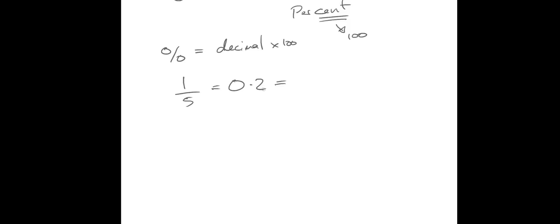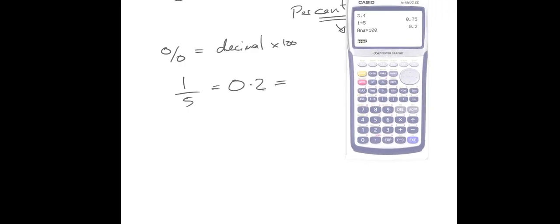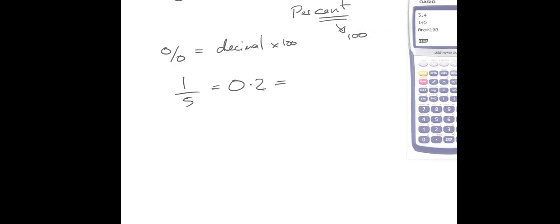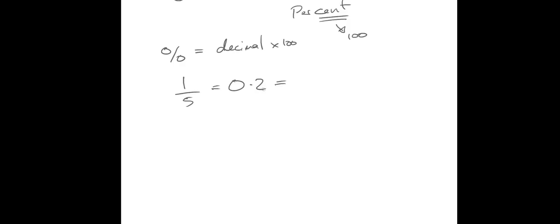So I'm just going to take that 0.2, multiply that by 100, and hit exe, and it's going to be 20, and the 20 there is going to be 20%. If you have percent as well, make sure you put that percent. It's 20%, it's not 20 elephants or 20 Hulk Hogans or 20 Supermans, it's 20%.